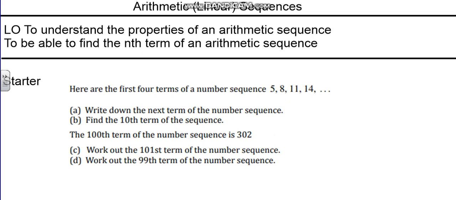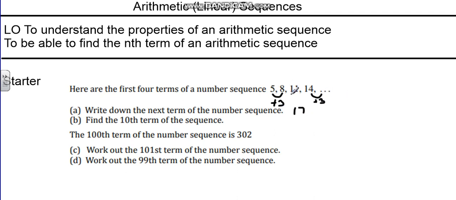Okay, so what we need to spot first is that we are going up in threes. Okay, so the next term would be 3 above 14, which is 17. Okay, it's plus 3. Okay, so to find the 10th term, you can't just double the 17, that won't work.